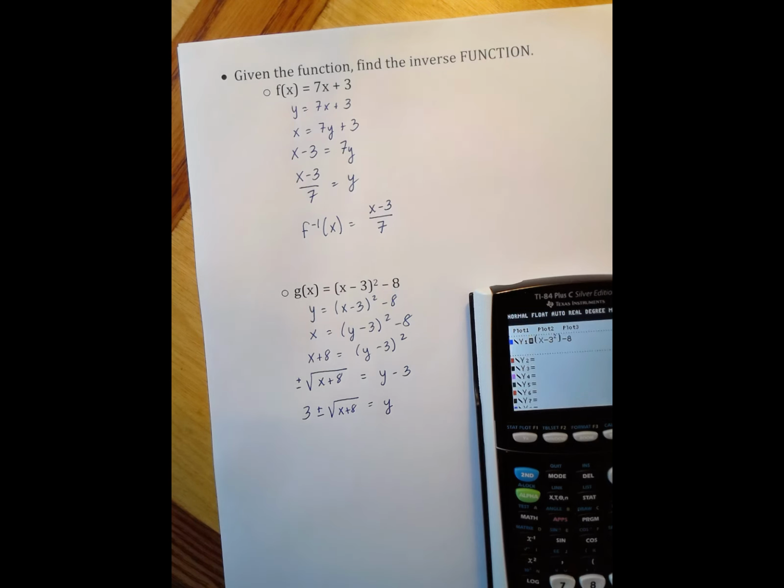So I'm going to insert a squared. I put it in the wrong place. Just start again, make it nice and easy. Squared minus 8. Okay, now I graph, and I'll get a parabola this time instead of a line, and there's a great parabola.